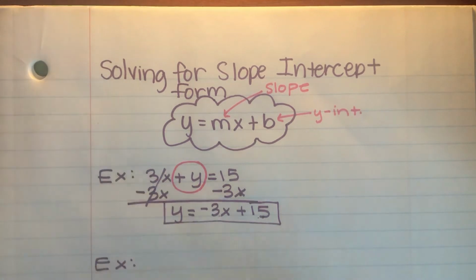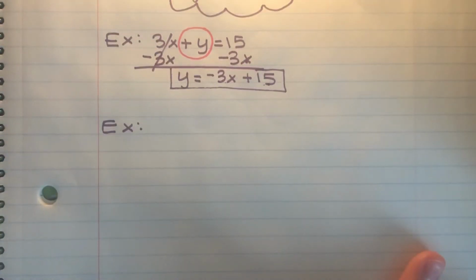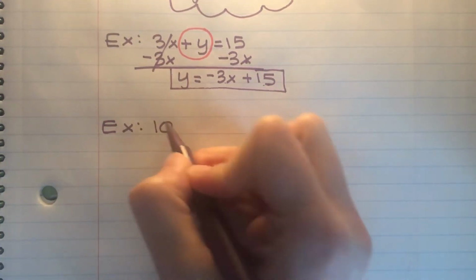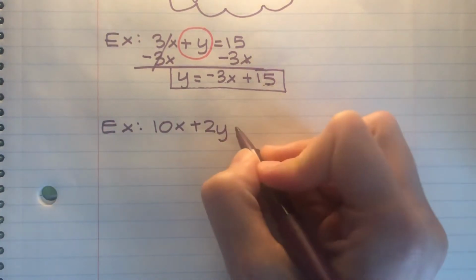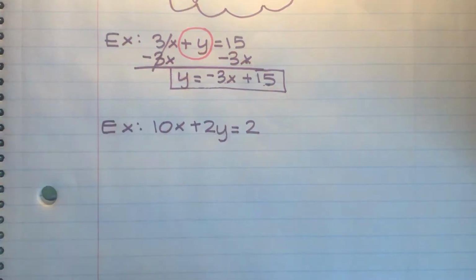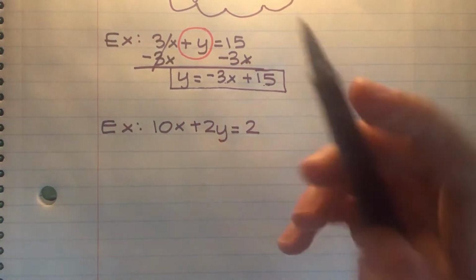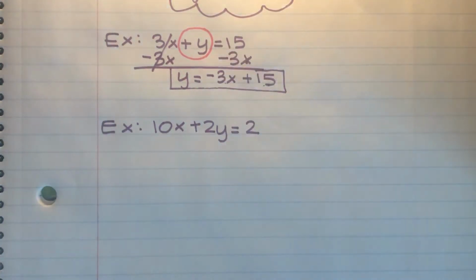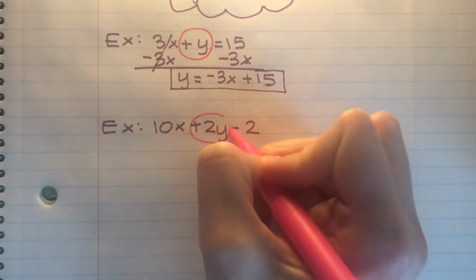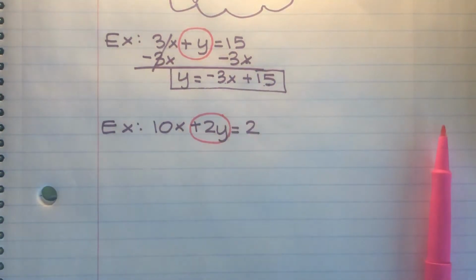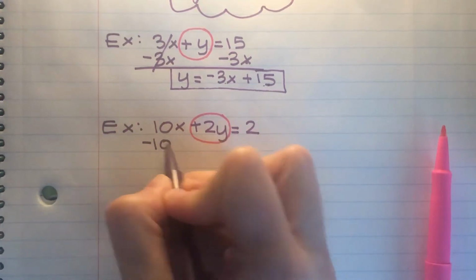Let's do another example. So here we have 10x plus 2y equals 2. Now remember, we want positive y all by itself, but we're going to start by just thinking about isolating the y term. And so we're going to get rid of this 10x.